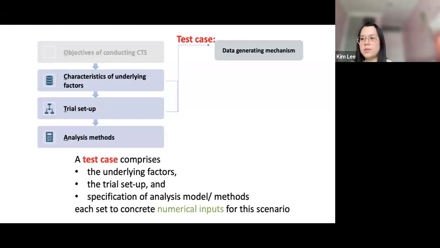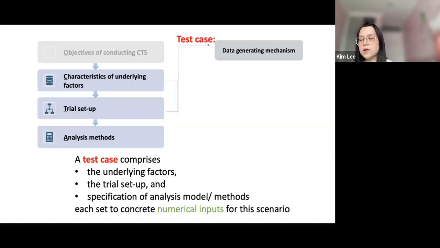In our tutorial paper, we define a test case as one that comprises the underlying factors, the trial setup, and specification of analysis model or methods, each set to concrete numerical inputs for this scenario. Some researchers use the term simulation scenarios to describe a numerical specification of the data generating mechanism.